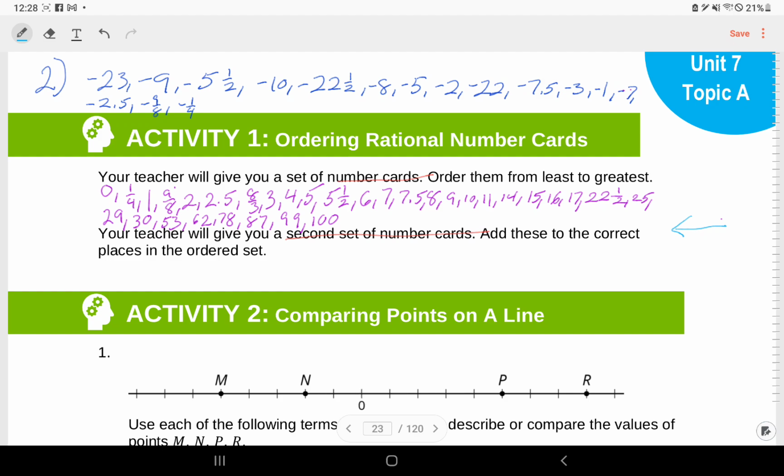And so that means we're basically counting backwards. So the largest number will be the farthest left. So -23. Then we've got -22.5.